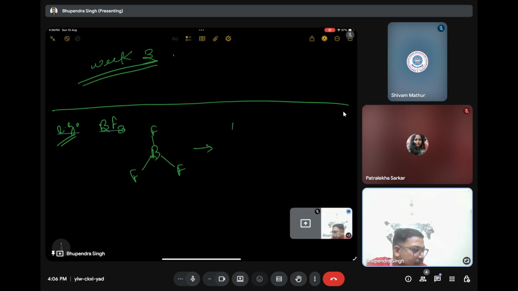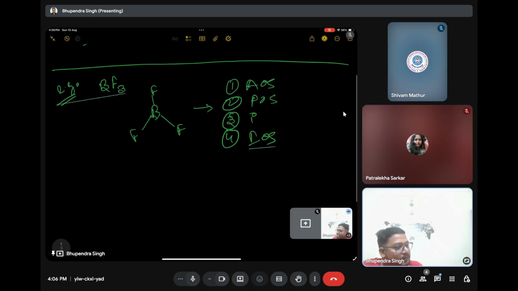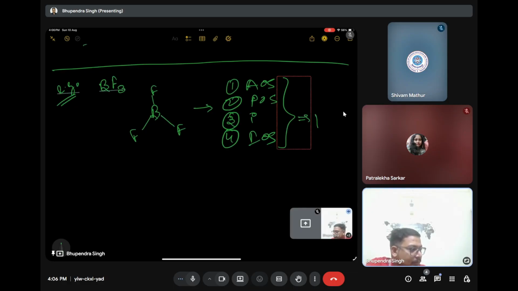So first we have to find the axis of symmetry, plane of symmetry, center of inversion, and then the improper axis of symmetry. And I have told you again to find out the point group.